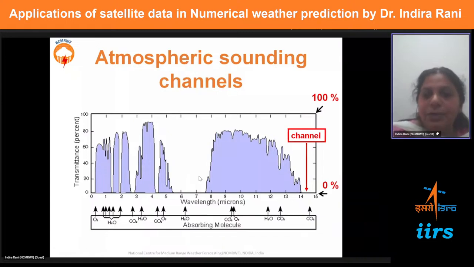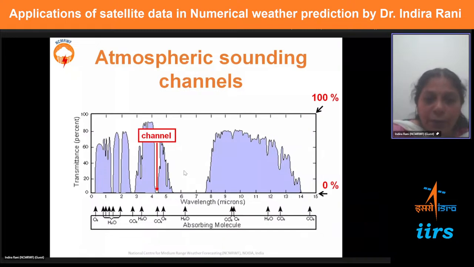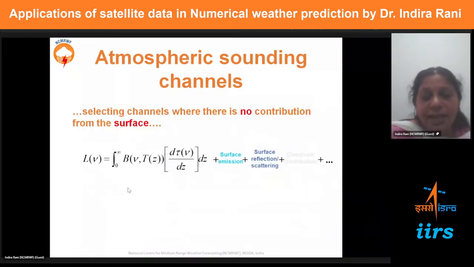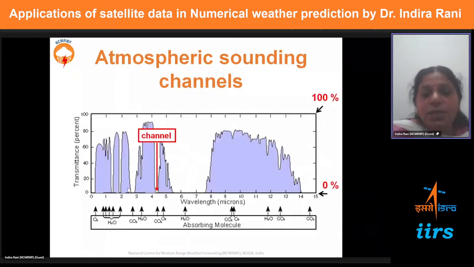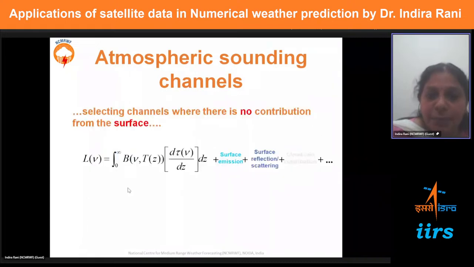Here is another channel between 14 and 15 microns, and another between 4 and 5 microns. Like that, we can select channels where the maximum contribution comes from the atmosphere. So for atmospheric sounding channels, we have to select those frequencies where the contribution from the atmosphere is maximum.